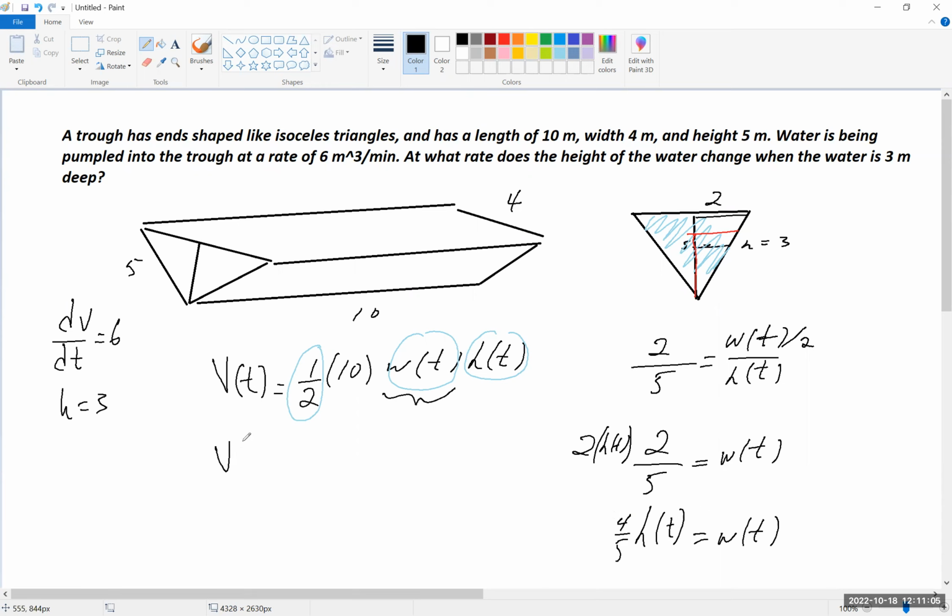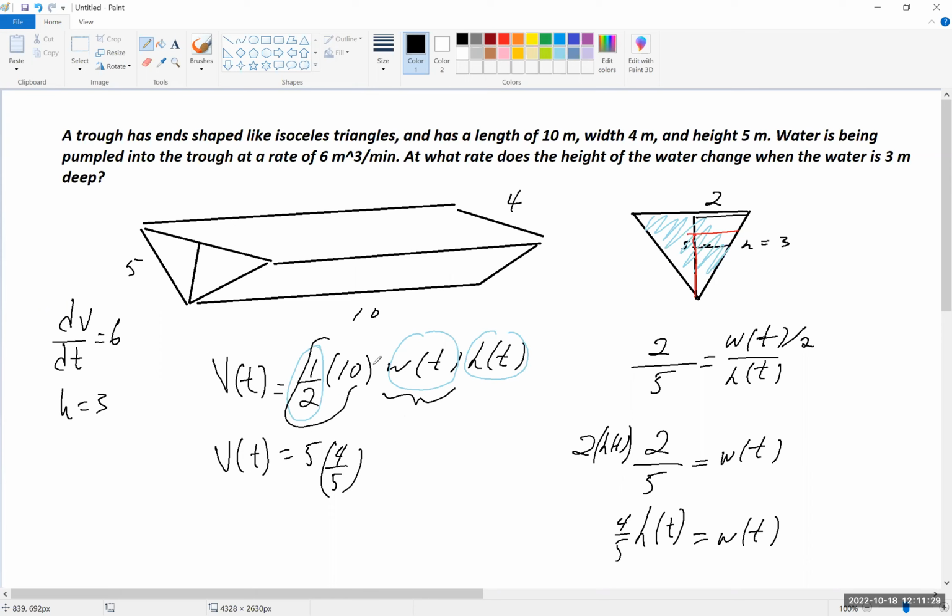So let's go ahead and come in here and do a substitution. Actually, let's simplify that, because that's just going to be 5. And this is 4/5. So I think in a minute, we're going to be able to simplify further.